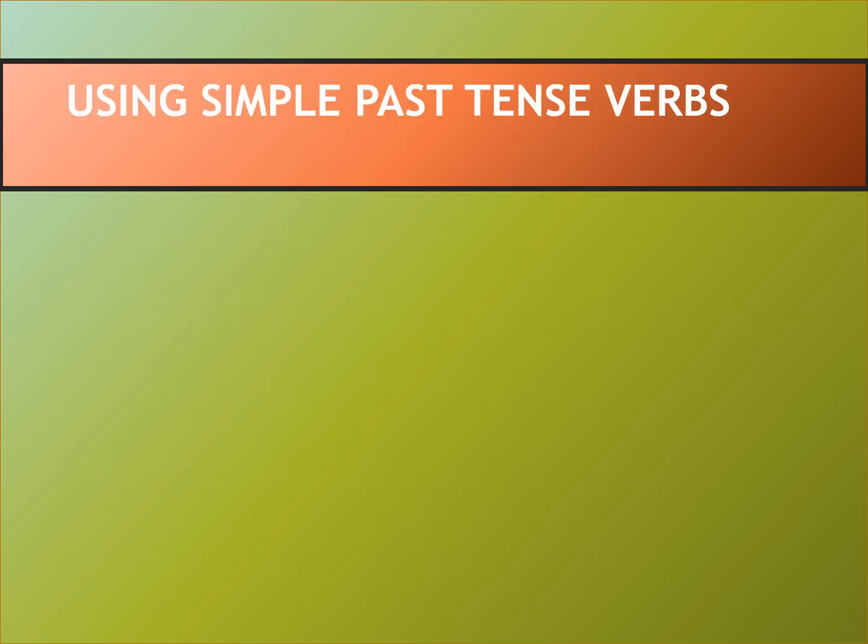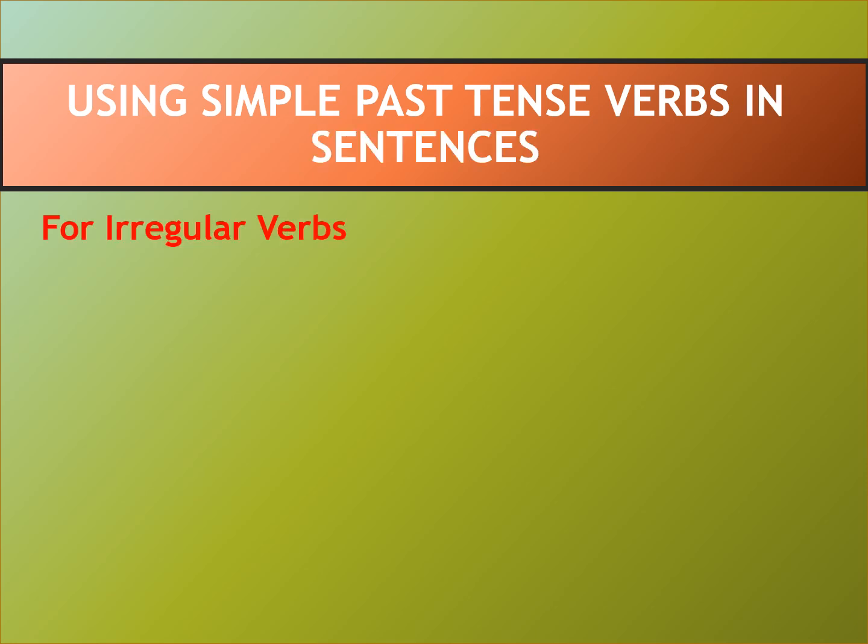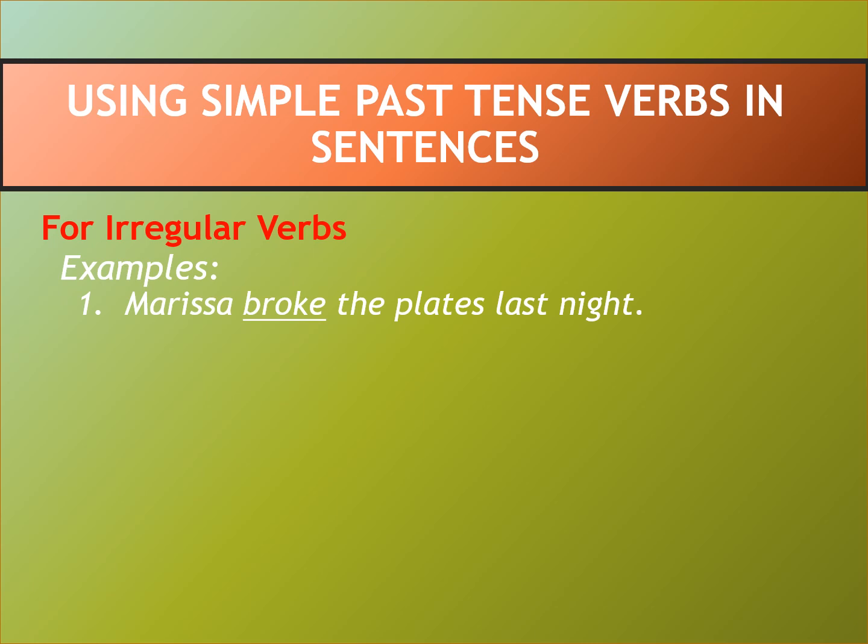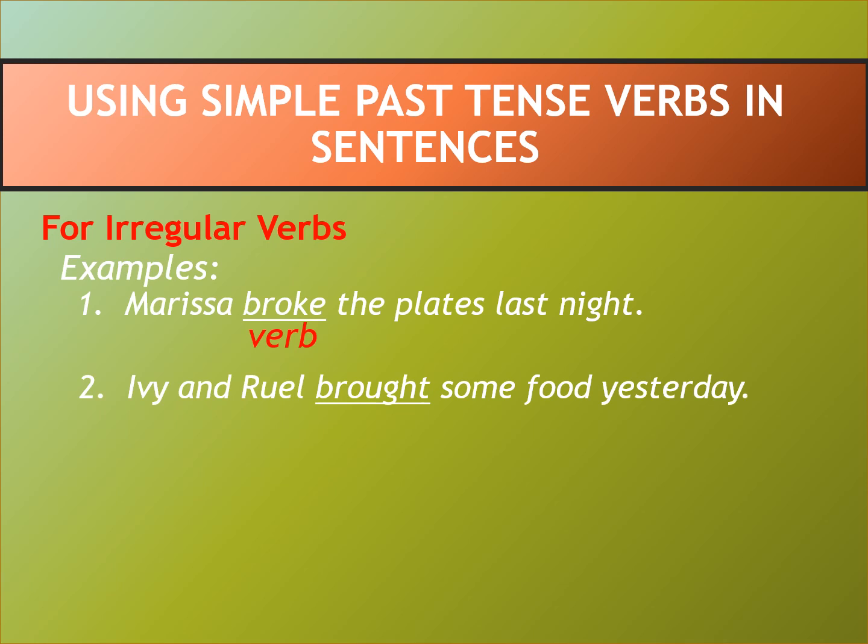Using simple past tense verbs in sentences for irregular verbs. Examples. Number 1, Marisa broke the plates last night. Here the verb is broke. Number 2, Ivy and Ruel brought some food yesterday.